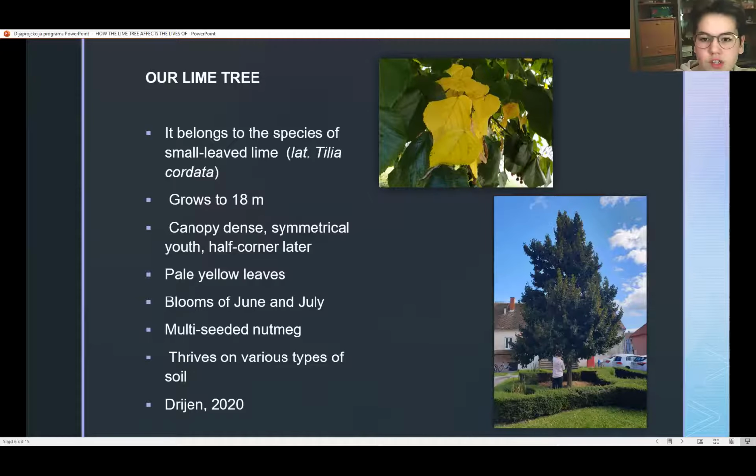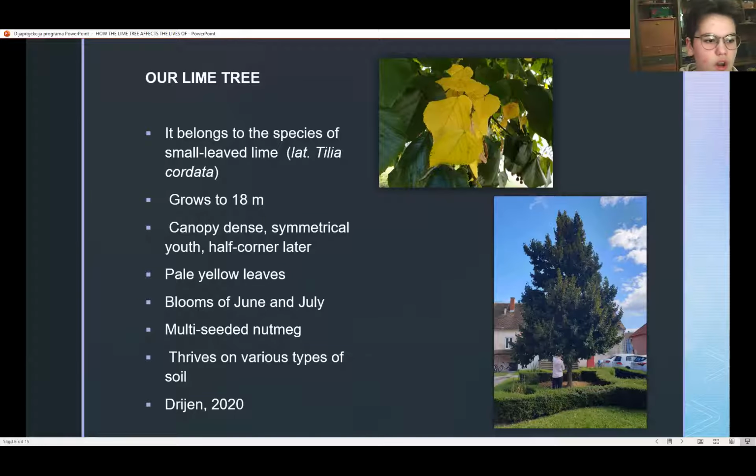The flowers are pale yellow with a pleasant smell. The lime tree blooms between June and July. The fruit is a multi-seeded nutlet, pear-shaped and reddish in color.